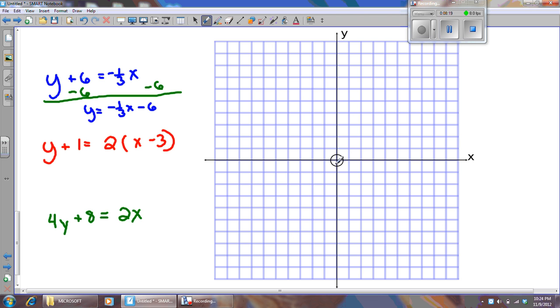And now my y-intercept is down at -6. And then my slope is down 1, right 1, 2, 3. Down 1, right 1, 2, 3. Or I could have gone up 1 and left 1, 2, 3. There we go. And so I'll go ahead and graph him.